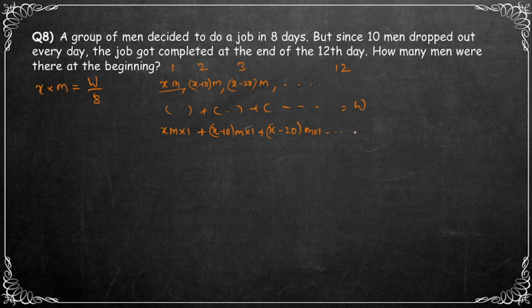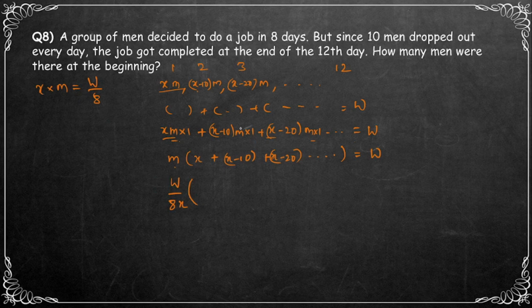It goes like that for 12 days to complete the total work. Now m is common in all of these terms. We take it outside. So here we have x plus x minus 10 plus x minus 20. It goes till 12 terms is equal to w. So now m is nothing but w by 8x.